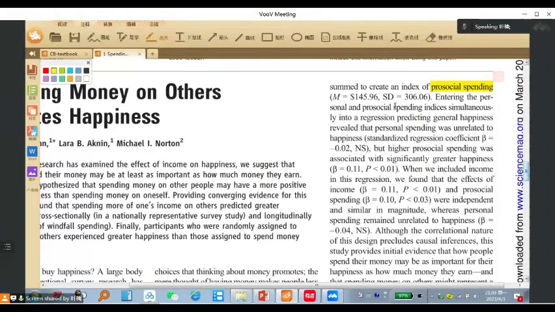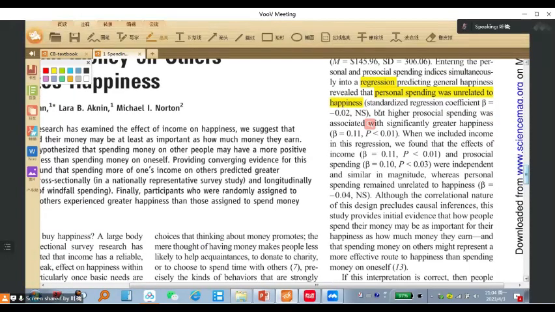Entering the personal and pro-social spending indices simultaneously into a regression, predicting general happiness, revealed that personal spending was unrelated to happiness. The standardized regression coefficient is non-significant, but higher pro-social spending was associated with significantly greater happiness.